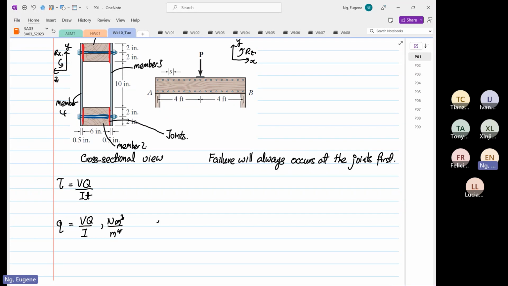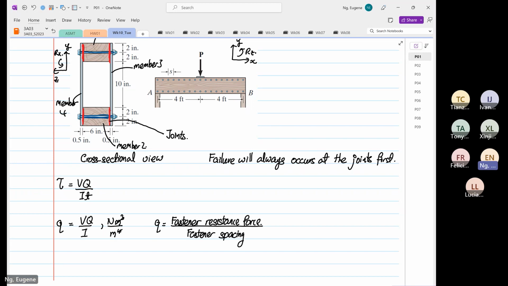And q over here is also, there's another formula that I have to introduce to you on this topic, where q is equal to fastener resistance force divided by fastener spacing.